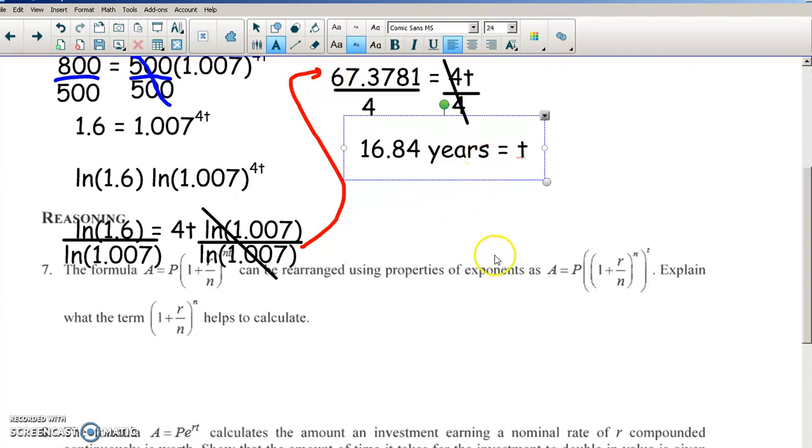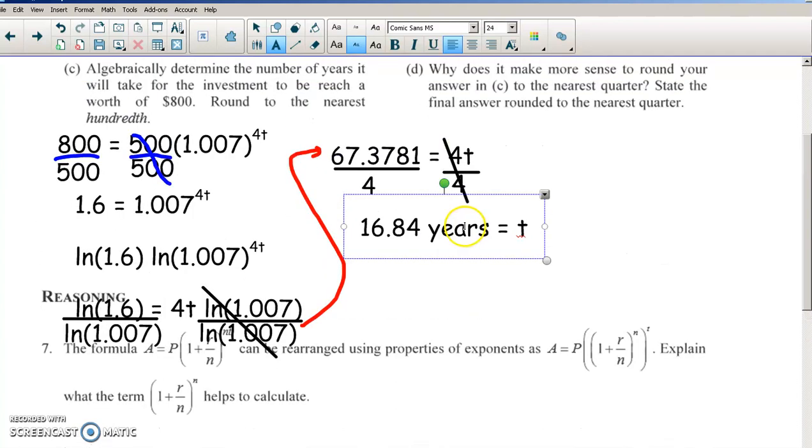And they wanted it to the nearest hundredth, so you had to have 2 decimal places. So part D, why does it make more sense to round your answer in C to the nearest quarter? State the final rounded answer to the nearest quarter. It makes the most sense because you're compounding quarterly, so if you were going to talk about each quarter, you would say in 16 3/4 years.